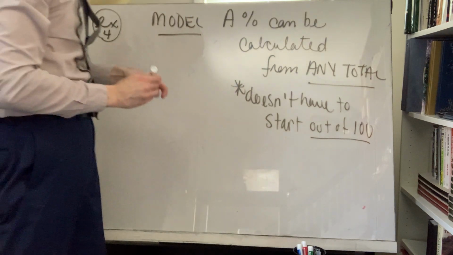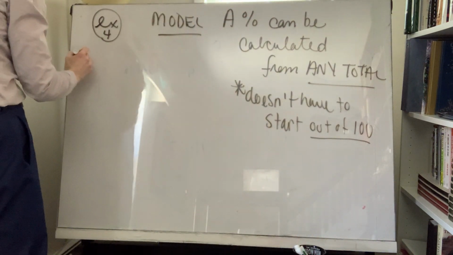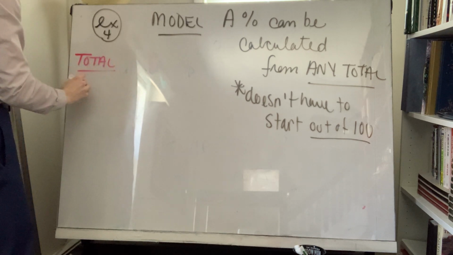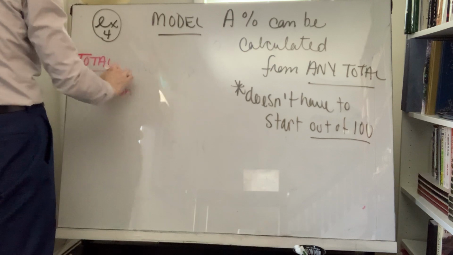What they did tell you are these quantities. They said that there's a total, and the total is 264 million. I'm going to spell it out in English, million.